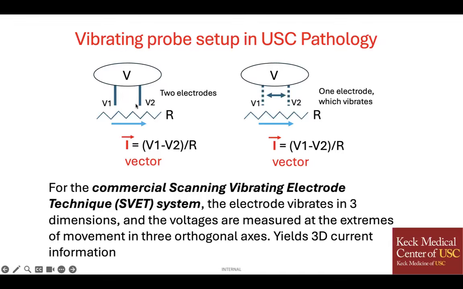As I said, this is really Ohm's law. But we can measure that current amplitude, and because the two electrodes are lined up either along the direction of current travel, or depending on how we angle it, we can get different fractions of the vectorial current. We actually measure the current amplitude, and we can actually get the direction of the current.